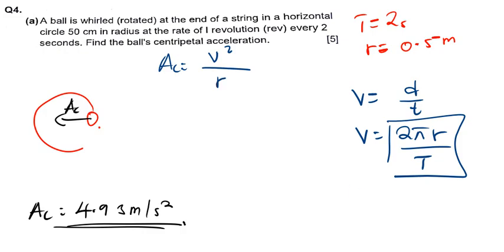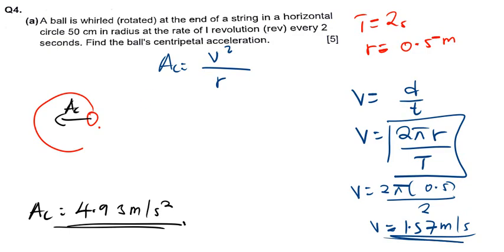You can find v first: 2 pi times 0.5 divided by the period, which is 2. So what will be the v? It will be 2 pi times 0.5, then divided by 2, that is 1.57 meters per second.